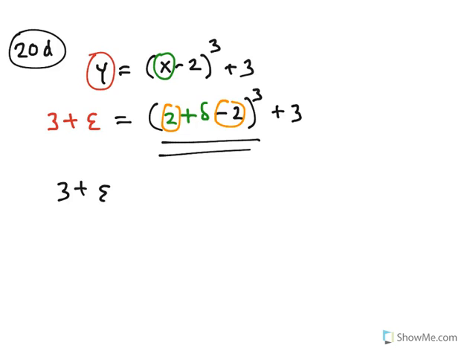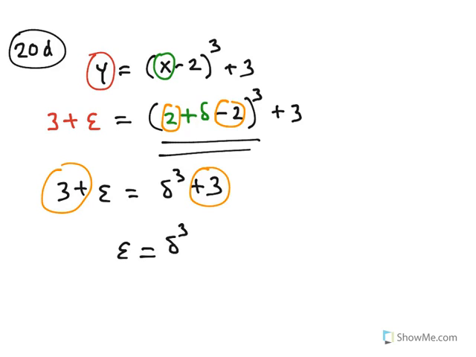That leaves you with 3 plus epsilon is equal to delta cubed plus 3. Then you can subtract 3 from each side of the equation. So then you're left with epsilon is equal to delta cubed. And now you can easily solve for delta by taking the cube root of epsilon.